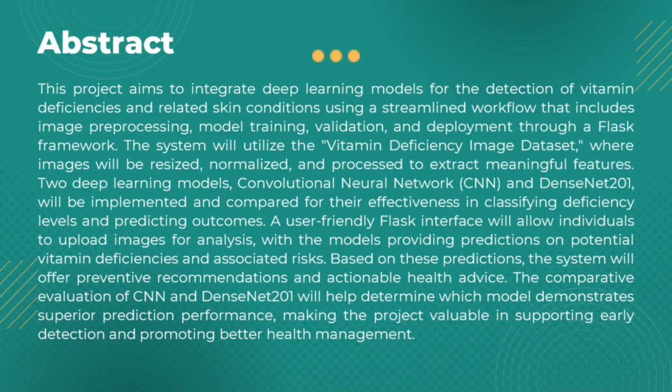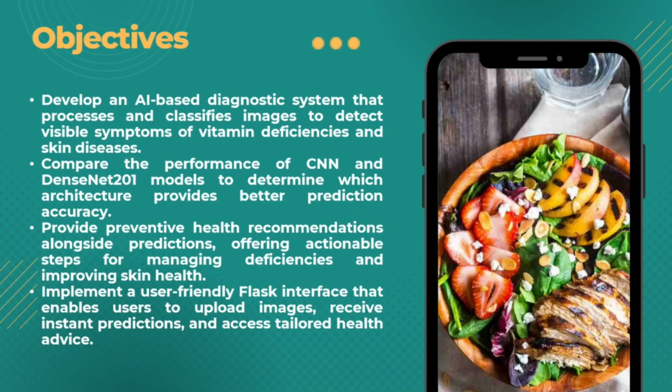So here we're going to see the objective of our project. The objective of our project is using AI for a diagnostic system that processes and classifies images. Basically, we will be building an AI-based diagnosis system which can classify skin disorder images.